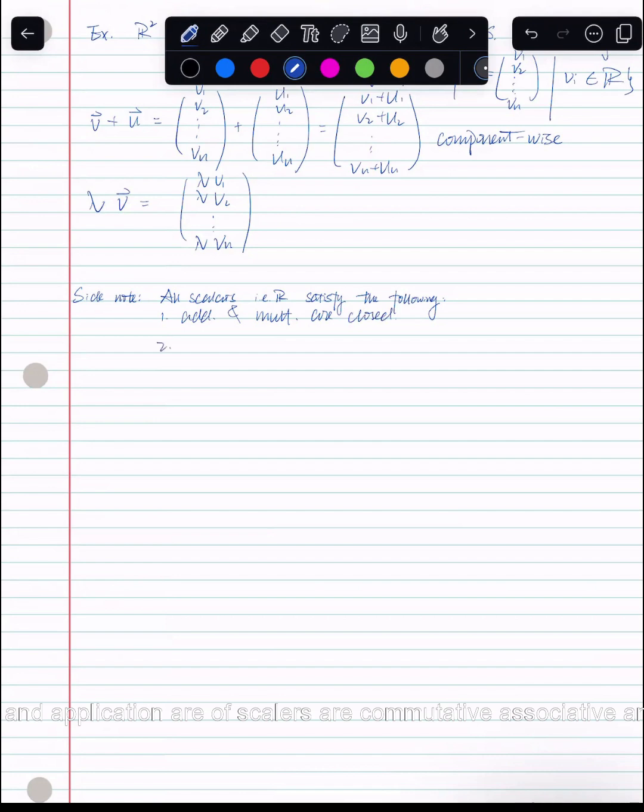Second, addition and multiplication of scalars are commutative, associative, and distributive.